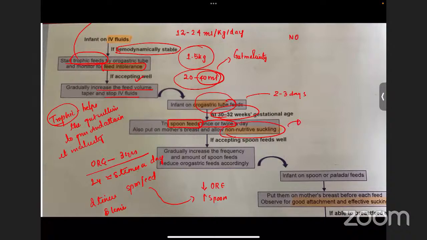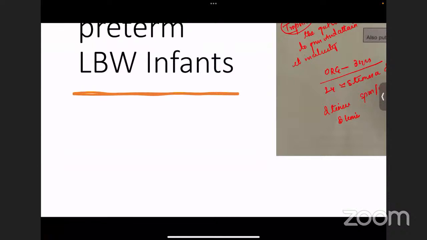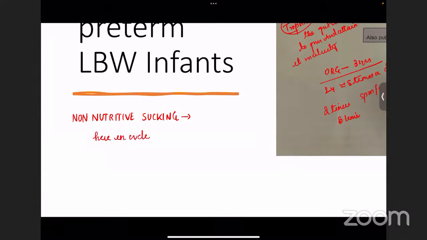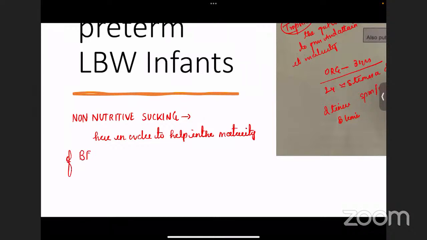What is non-nutritive sucking? Can anyone answer it? Non-nutritive sucking is done in order to help in the maturity of the breastfeeding reflex in the baby.